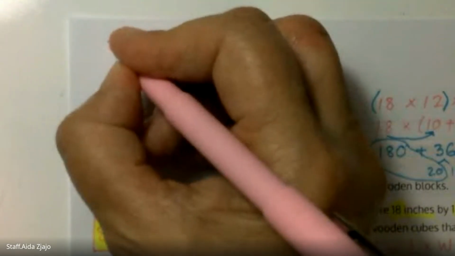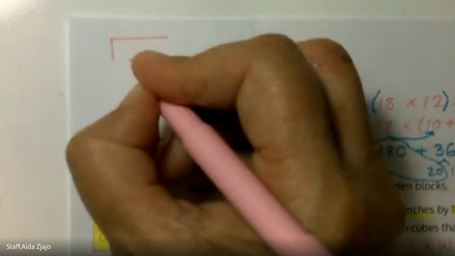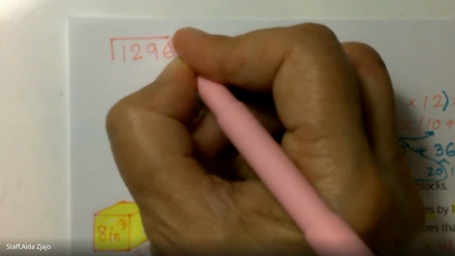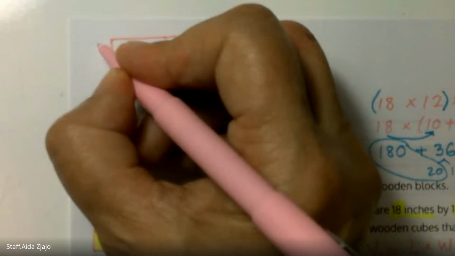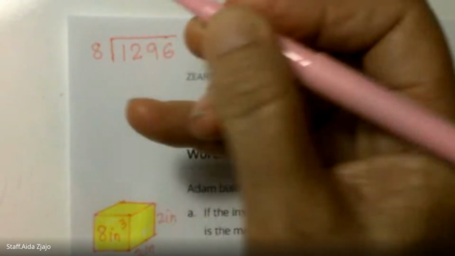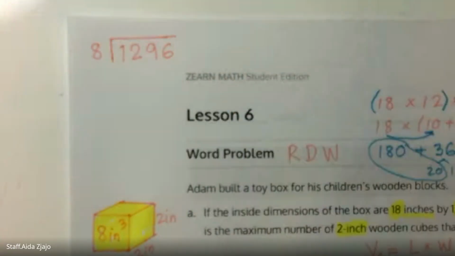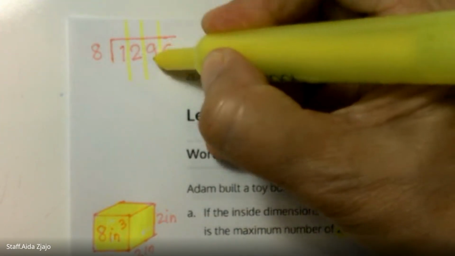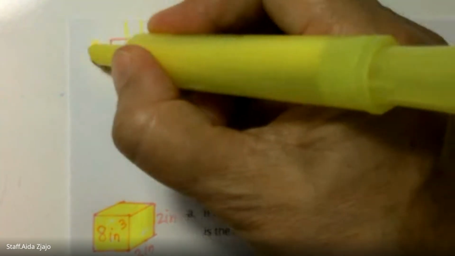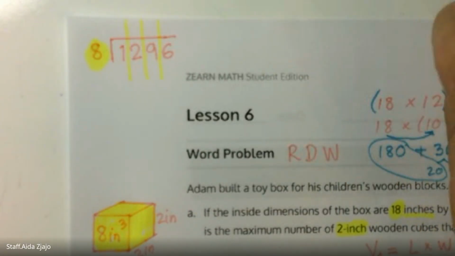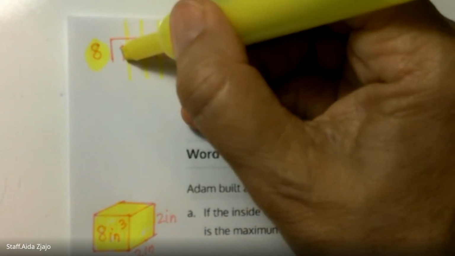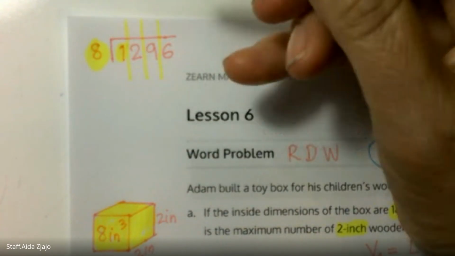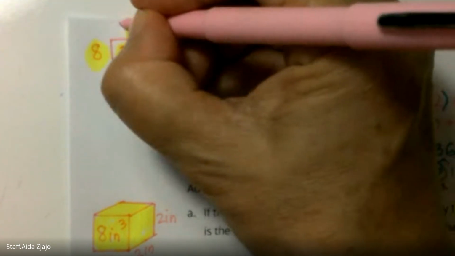If 1296 needs to be divided into groups of 8, I will use the standard algorithm. I'm going to do one number at a time, knowing that my group is 8. If you have 1,000, you cannot share 1,000 into 8 groups, so you make 0 groups of it.